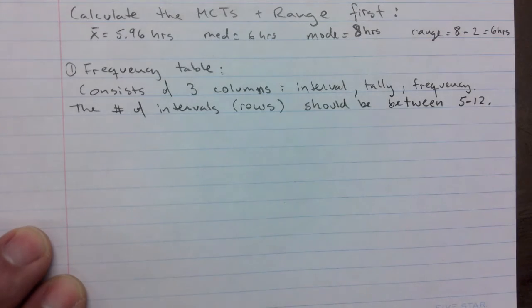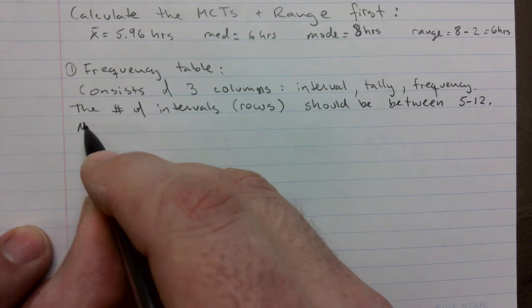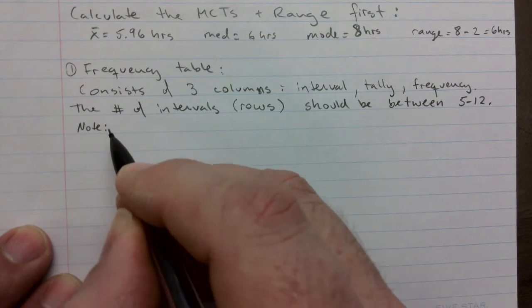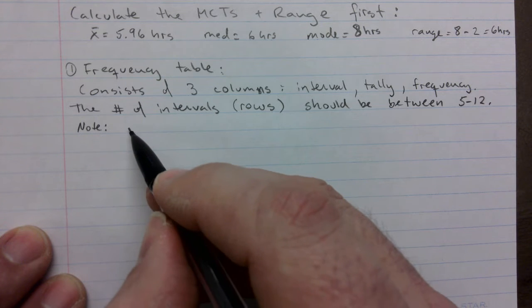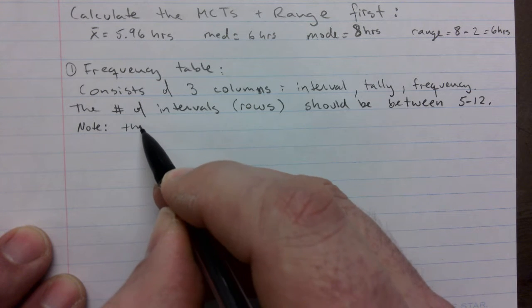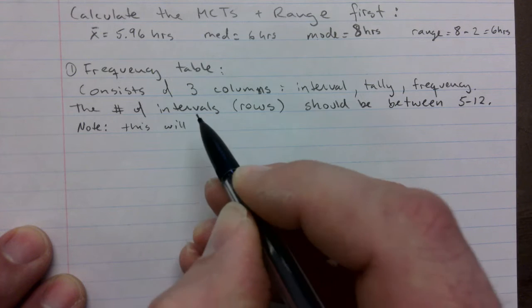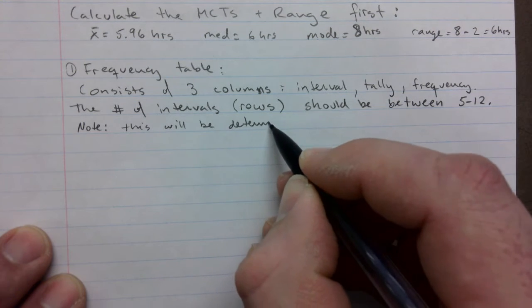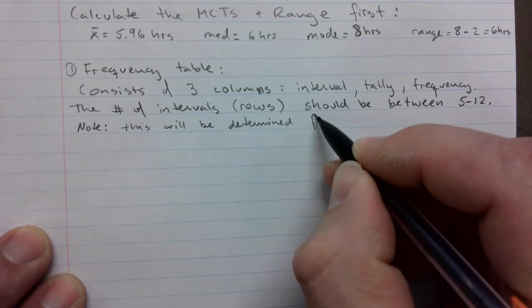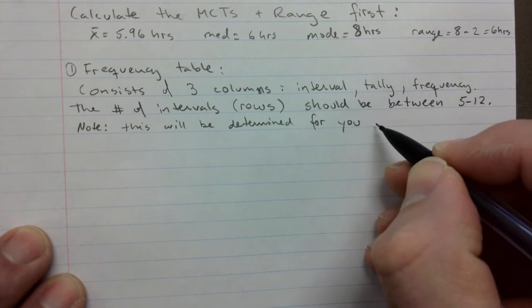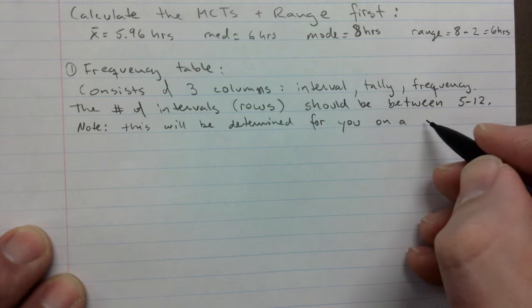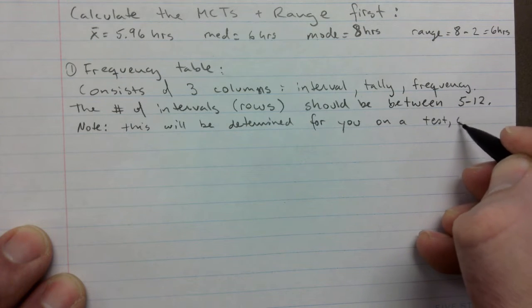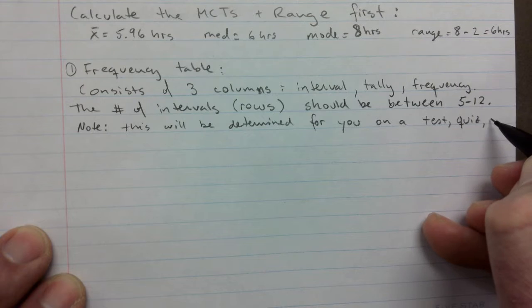I will make a note here because this one confuses some students from time to time. Okay? So I'll make a note. Note: this is decided, this will be determined for you on a test, quiz, AC.